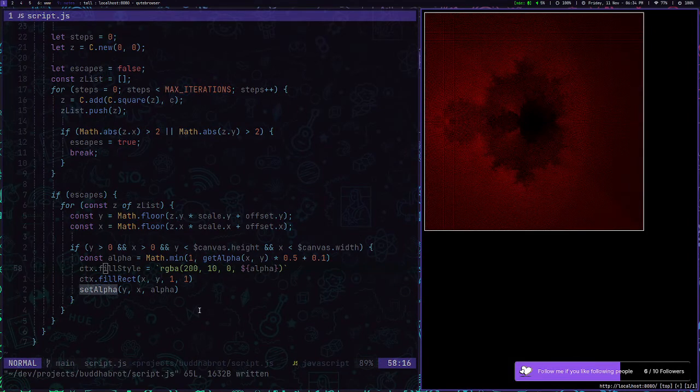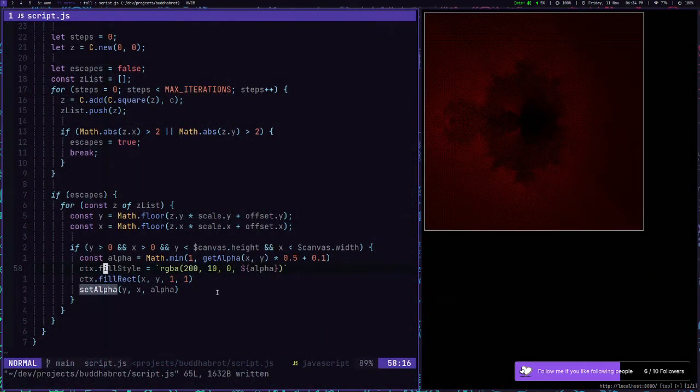But we need to do some fancy coloring. Maybe the lowest density ones can be colored a certain way, like brighter. No, maybe that defeats the purpose of this, right?